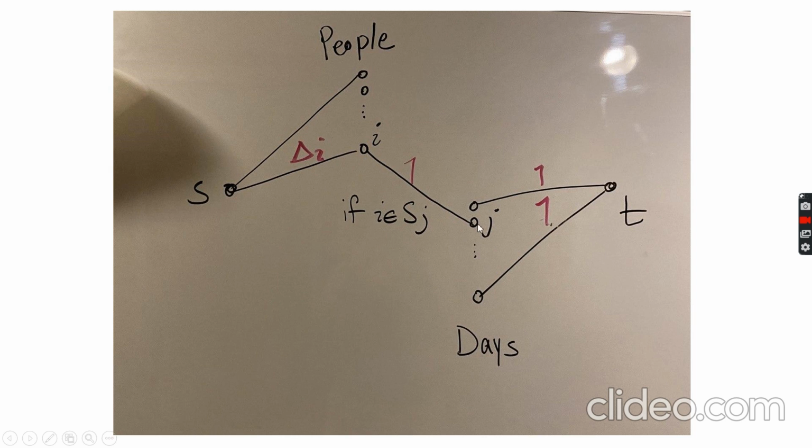For these, again, because for each day j we have only one driver, there might be a couple of edges which go to this j, exactly Sj edges, but only one of them is going to have capacity 1, the flow 1, because we are assigning one driver to each day. So from j to t is also going to be fine.